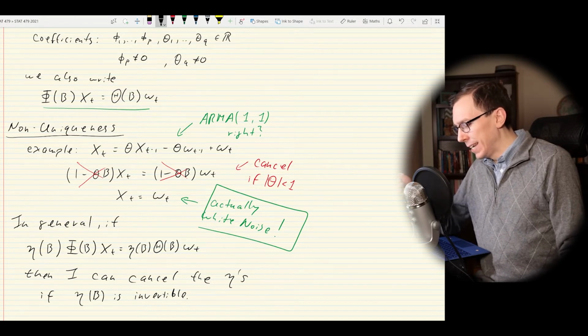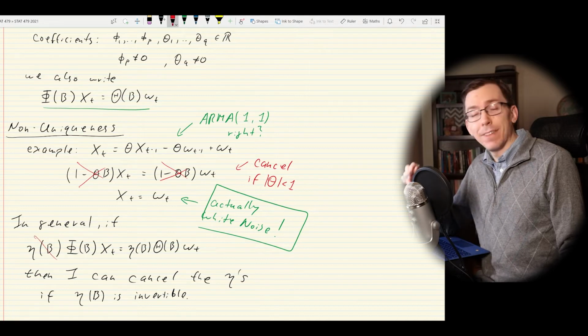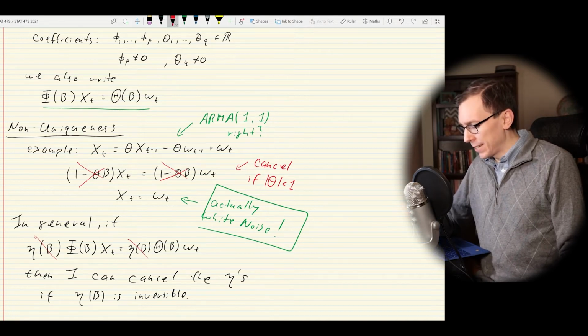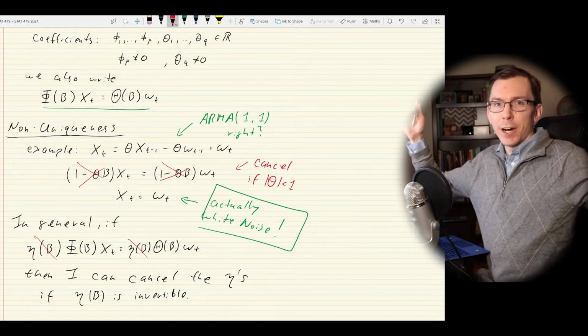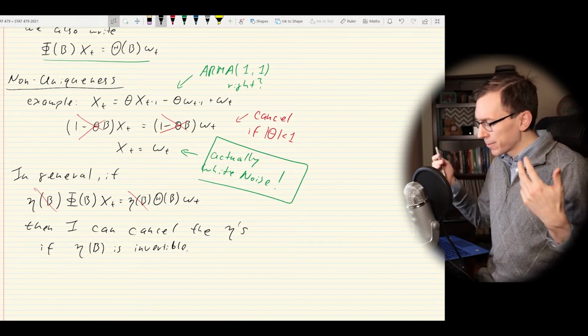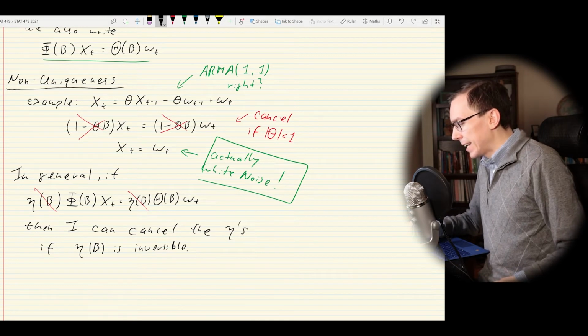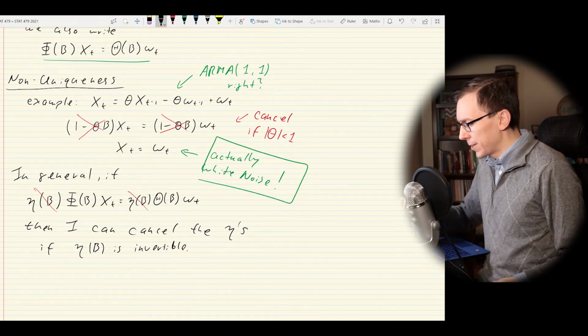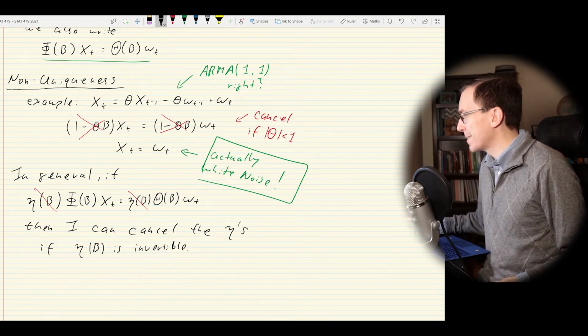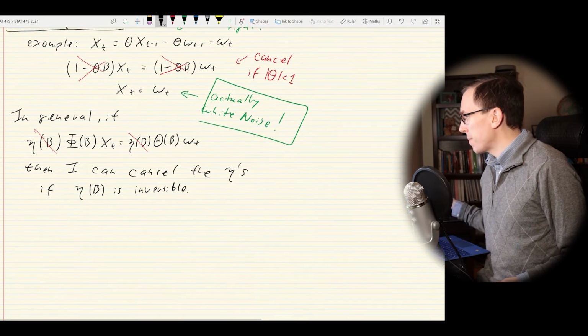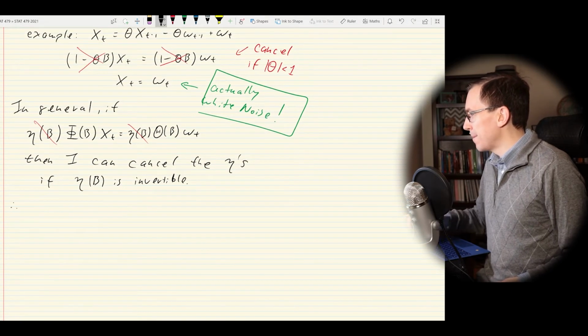But assuming that the common factors eta are in fact invertible, then I could feasibly cancel them out on both sides of the equation and reduce the ARMA model to a lower order. So again, little things to be aware of when you're dealing with such objects mathematically. All right, so what does that mean?